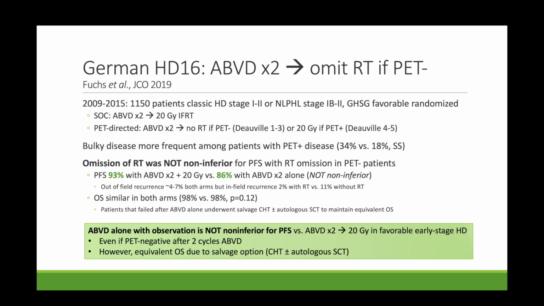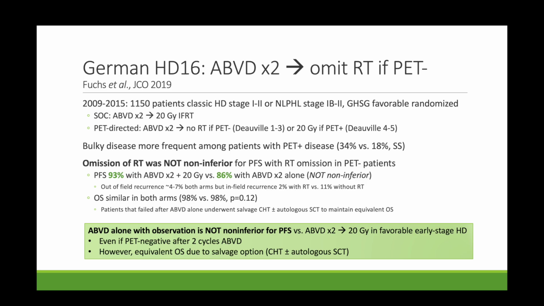The next trial we're going to discuss was the German HD16 trial that did utilize PET scan, and they asked the question, if patients have a complete clinical response to ABVD times 2 cycles up front, and then they're negative on the PET scan, can we just omit any further radiation?